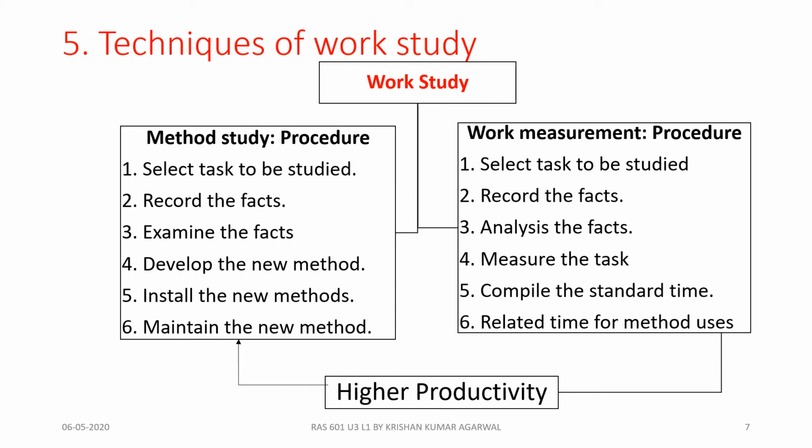After successfully implementing the cycle time on the shop floor, the related method can be used under the method study, and the data can be provided. The executives who are working on work measurement will share the data with the method study team, and overall productivity can be improved.